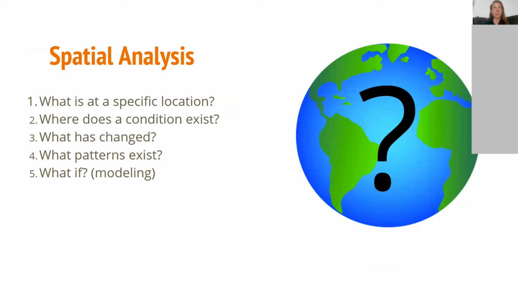And when we have spatial data and we start looking at spatial analysis, it allows us to answer a number of different questions that are actually all really interesting. So the first one being, what is at a specific location? So if we have a location of interest, for example, Florida, we can then start to hone in on what exactly is going on at that specific location and try to look for any common threads between our data at that site.